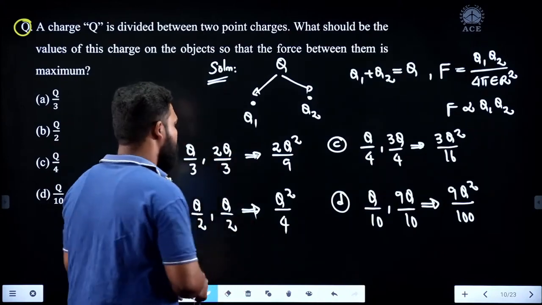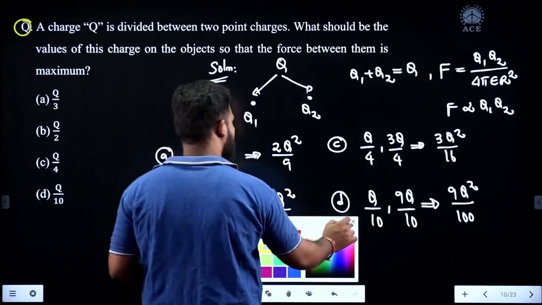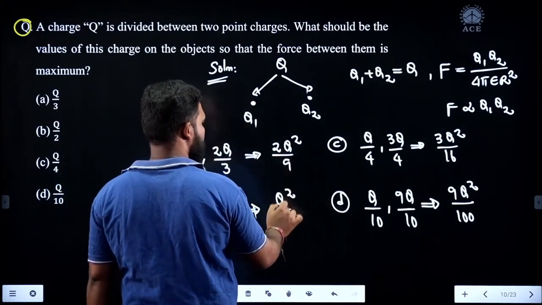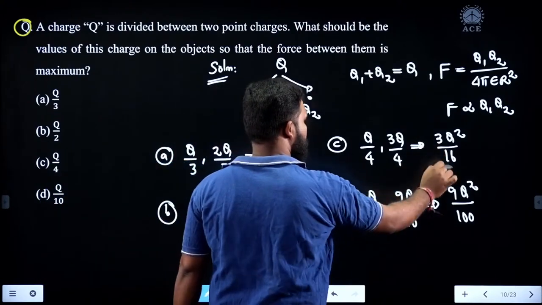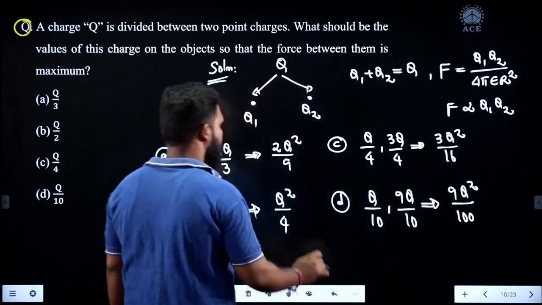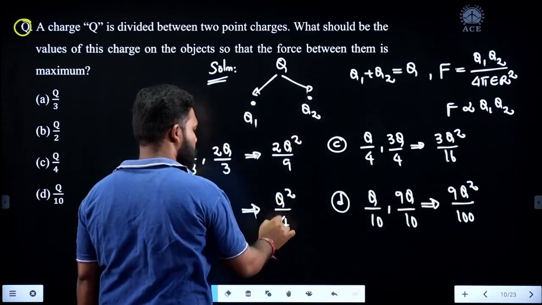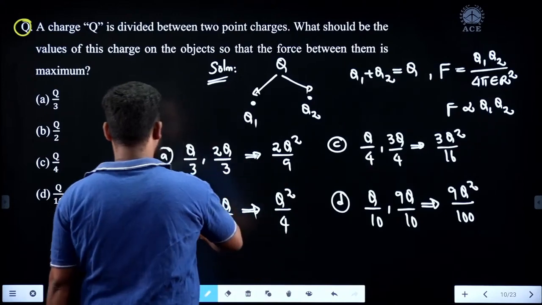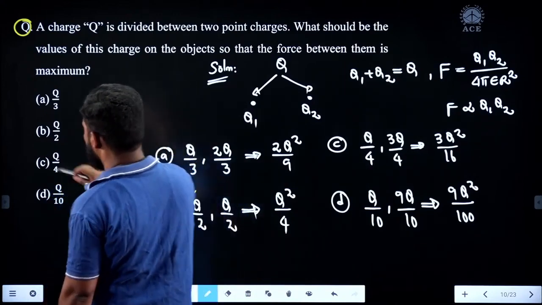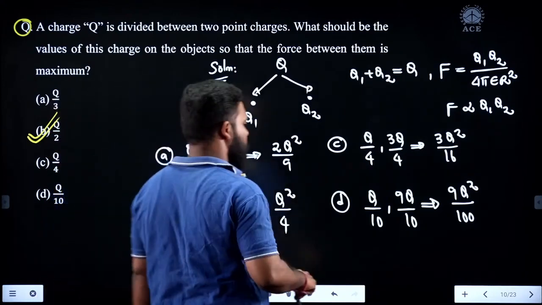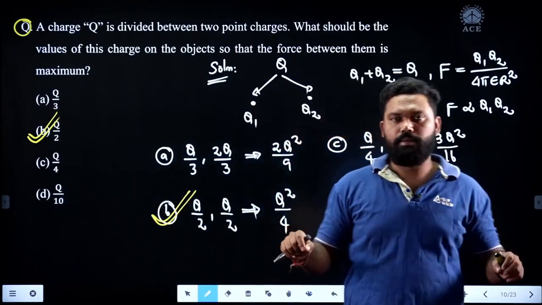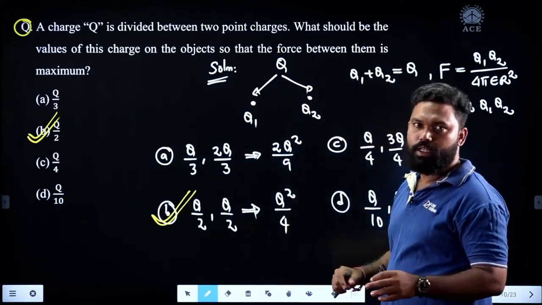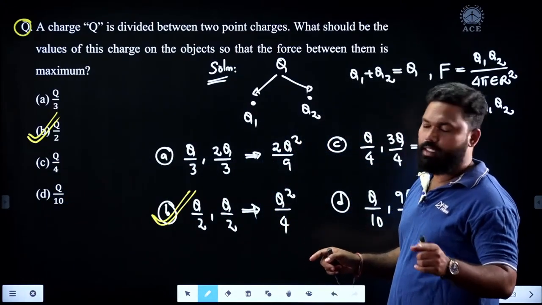So what is the maximum among them? Here it is 2 by 9, here it is 1 by 4, 3 by 16, it is 9 by 100. So among all these, this 1 by 4 is the maximum. So what is the answer? Option B. So you need to equally divide the charges between the two bodies so that the force between those two charges will be maximum.